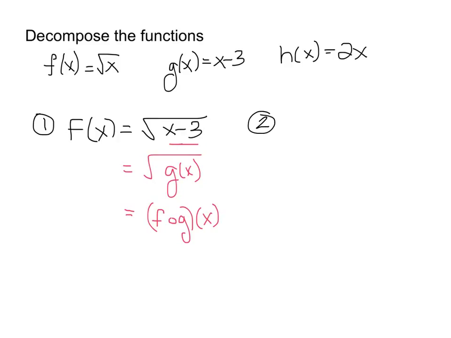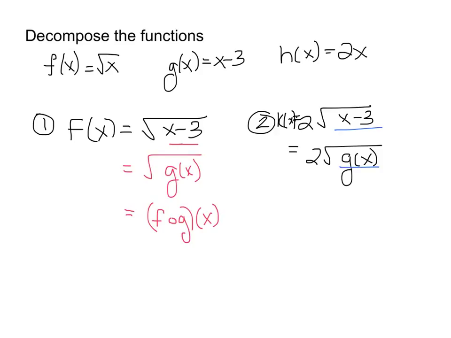If I gave you something like 2 times the square root of x minus 3, we could call this one k of x. So if we look at this, you could start again by noticing that x minus 3 is the same as g of x. And if you think about what we do next, we're going to have to think about applying h and f because there's a 2 and there's a square root. So which one would we probably want to do first? Well, my claim is that we want to think about applying the square root first, which is our function f.